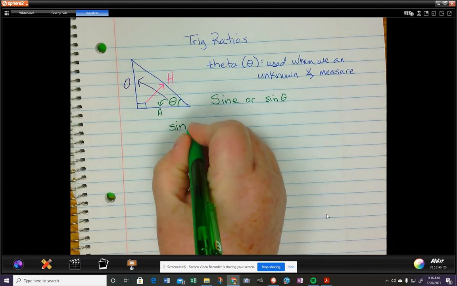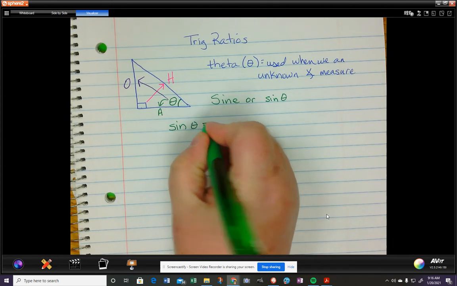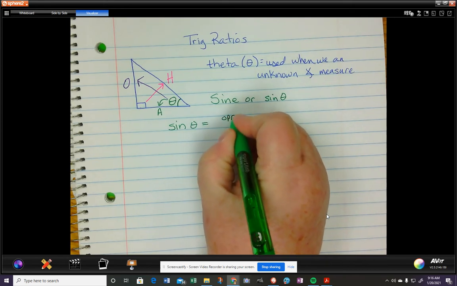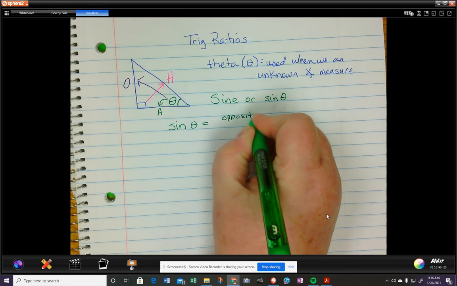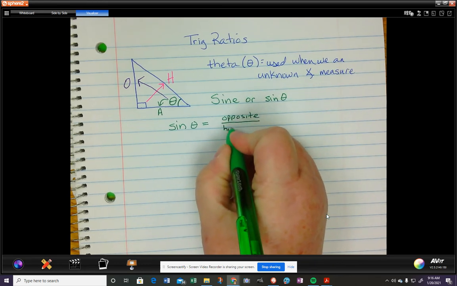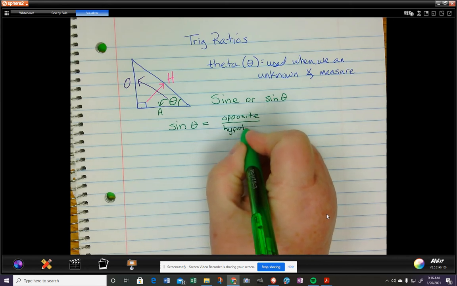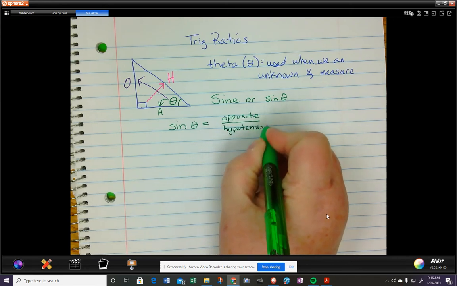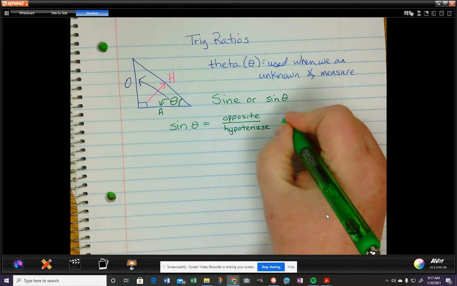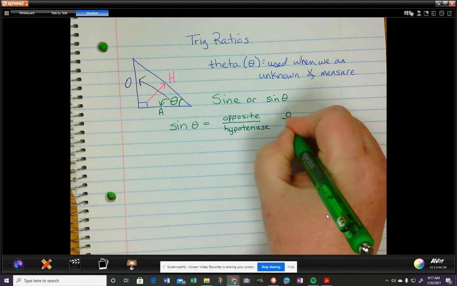Sine theta is equal to opposite over hypotenuse, or O over H.